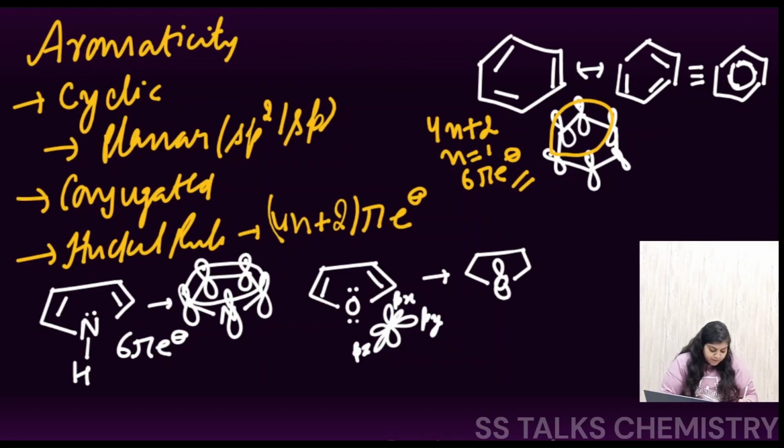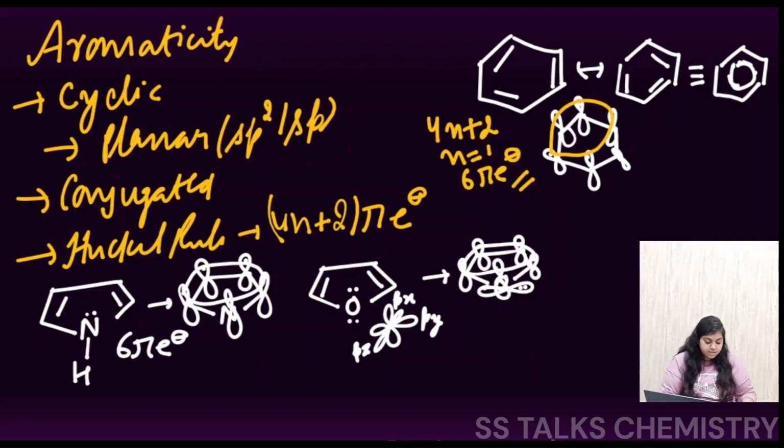So here is your px orbital. Now this other lone pair is going to remain in the py orbital, so that is not going to take part in the conjugation, only the px orbital will be going in the conjugation. Here electron density is present, so this can transfer like this to the upper side.